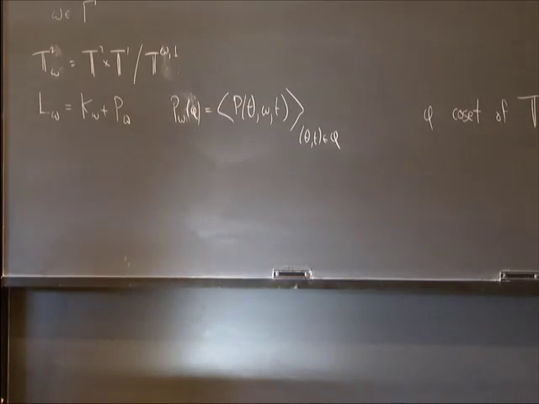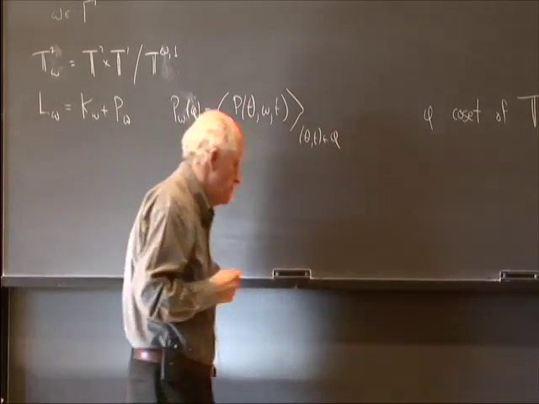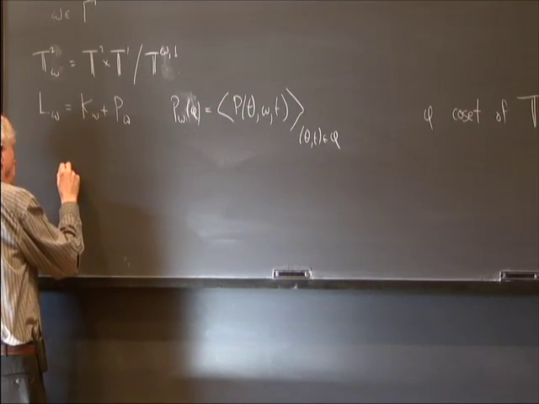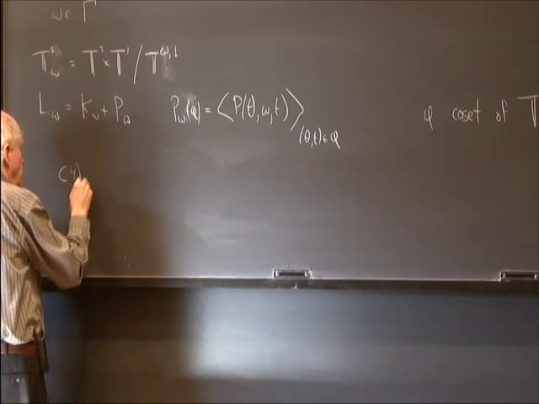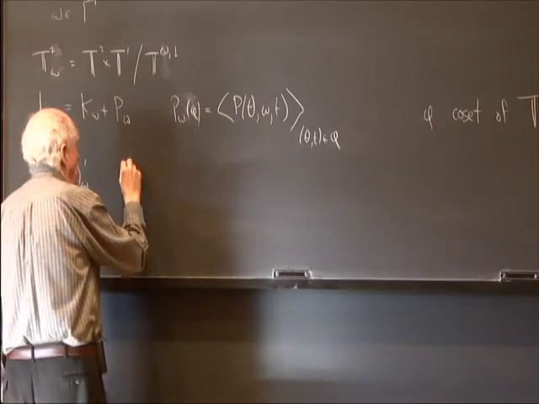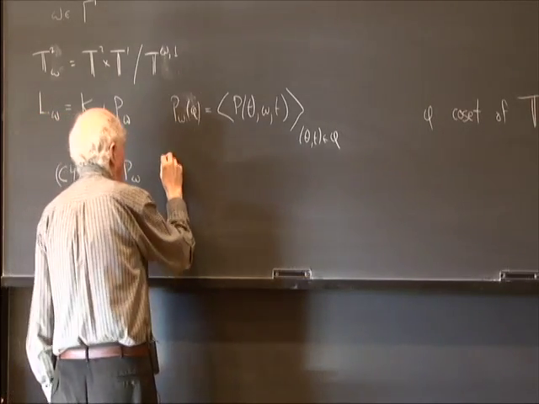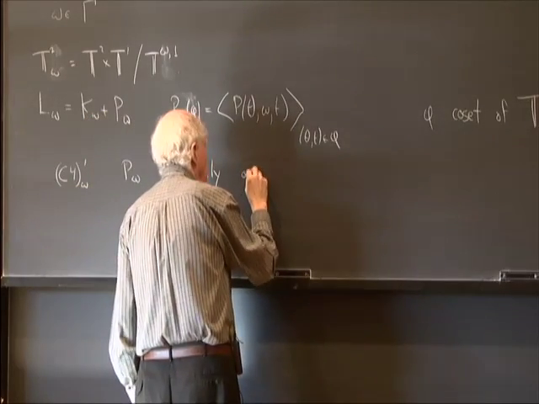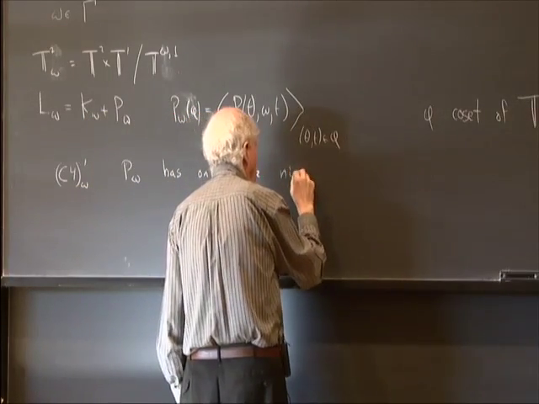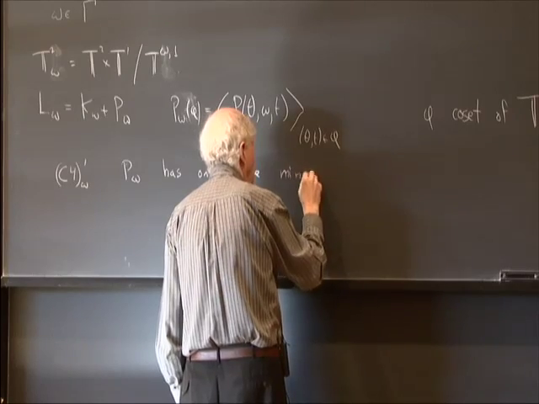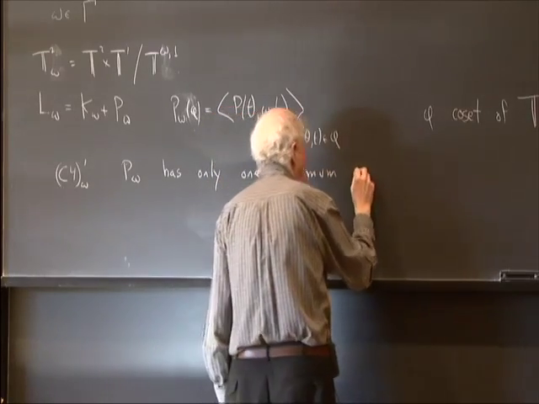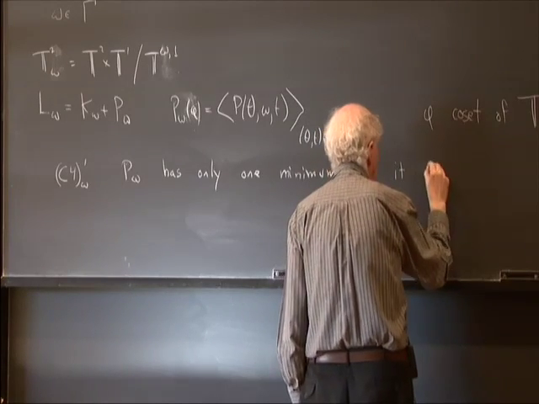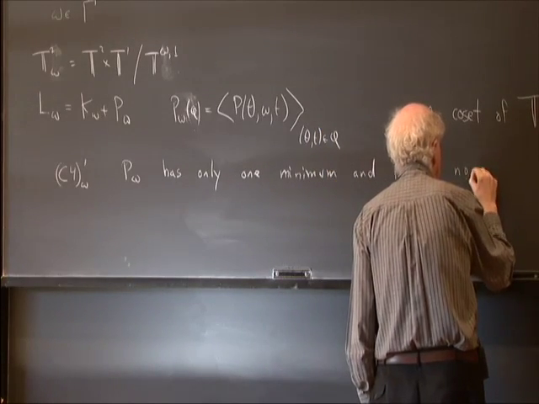So the first condition is that p omega, I think I called this C4 omega prime, p omega has only one global minimum, and it is non-degenerate in the sense of Morse.